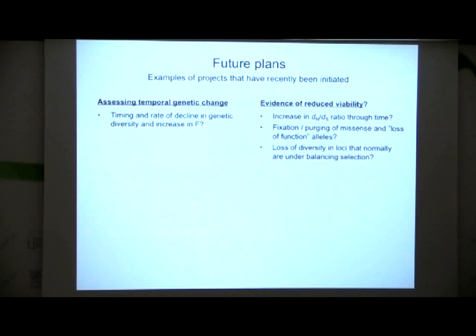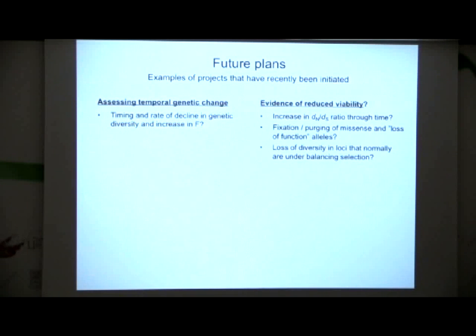And of course we are also, and we have already done this actually, but I don't have a slide on it, looking at diversity in parts of the genome that we expect have their variation maintained by balancing selection. So the classic example is the MHC locus, that normally even in the Channel Island foxes that have no variation anywhere, they appear to have maintained MHC diversity because of balancing selection.